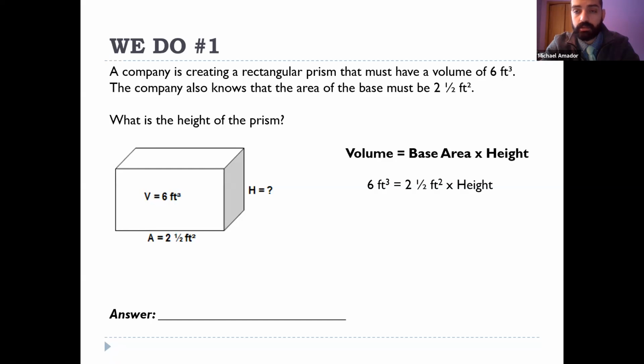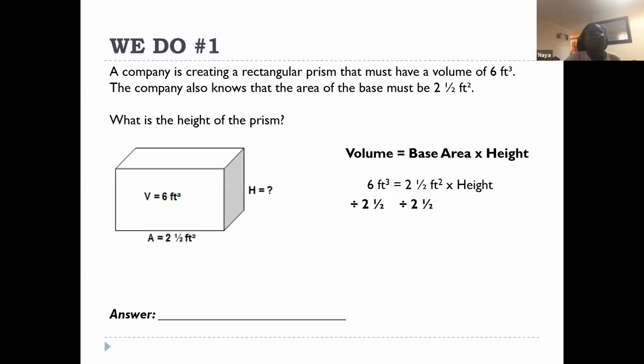Naya, go ahead. Okay, so first what I did was I was dividing by 2.5. I turned 2 1/2 to a decimal, which is 2.5, and then I did the standard algorithm.